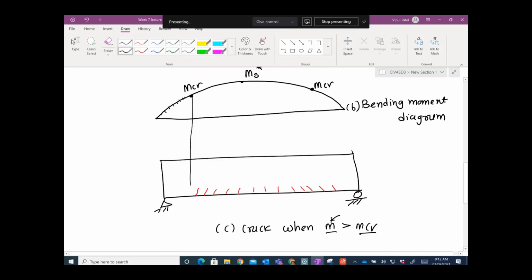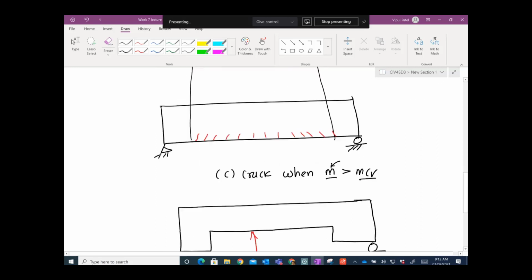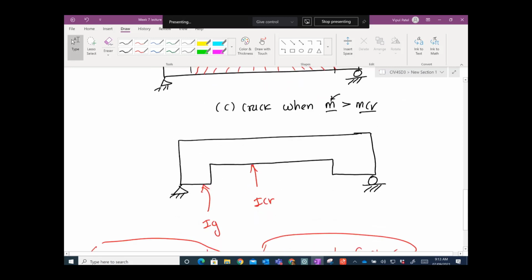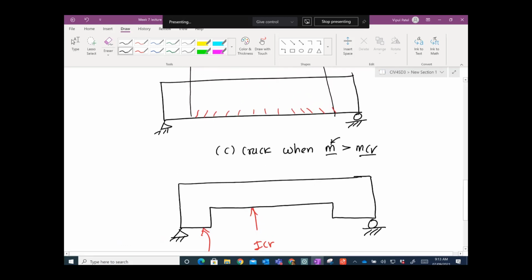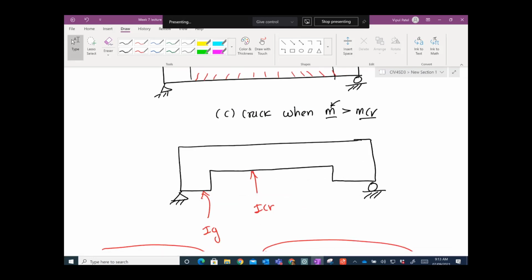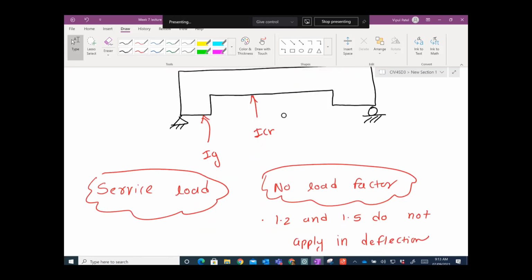So in this zone you have cracks. Basically it says that in the cracked regions you can't take the full section, because in these regions your concrete is not effective, the concrete is cracked. So you can just say that you have a cracked moment of inertia and a gross moment of inertia.